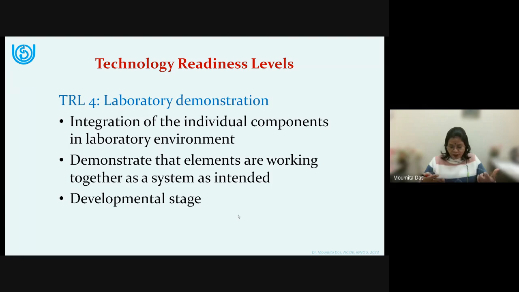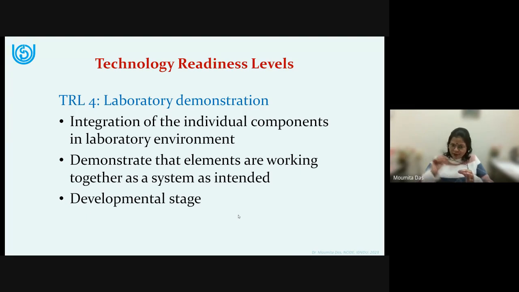Also, there is another point here where you integrate the individual components, and you demonstrate that they are working together as a system. What does it mean? In this step, you take your filter made of 100% biodegradable plant-based material, and you put tea inside it.